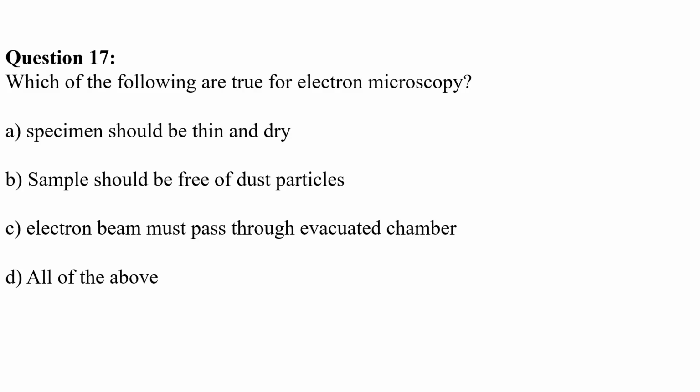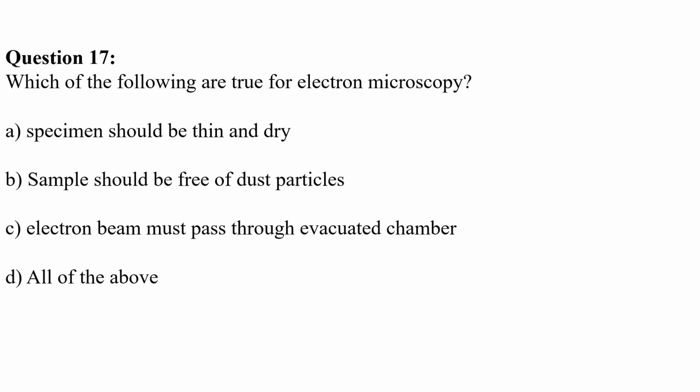Question number 17. Which of the following are true for electron microscopy? Option A, the specimen should be thin and dry. Option B, specimen should be free of dust particles. Option C, electron beam must pass through evacuated chamber.